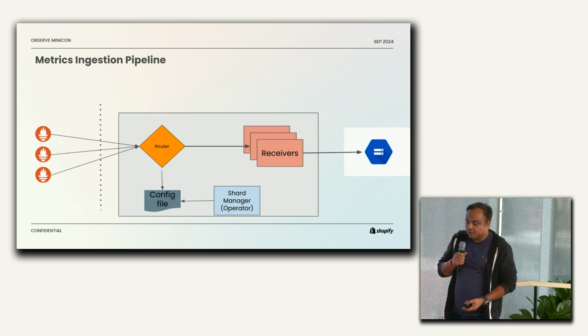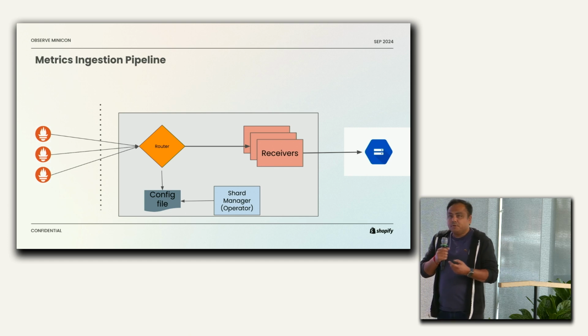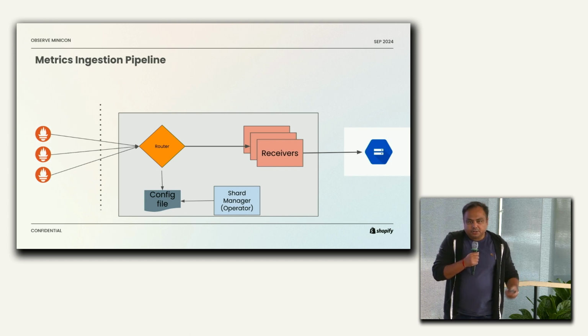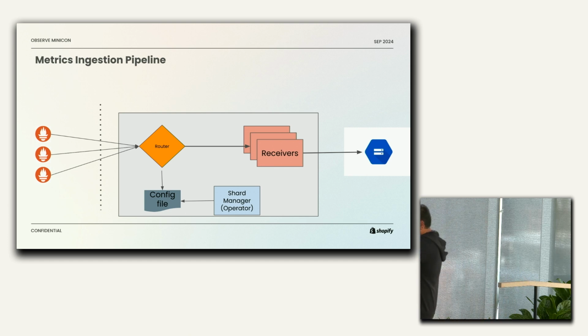When I say client clusters, I mean where Shopify infrastructure is running. These Prometheus send metrics to the metrics ingestion pipeline, which is routers. Routers, you can imagine like a smart load balancer, which takes the config and spreads those metrics on the receivers. Receivers are nothing but TSDB.